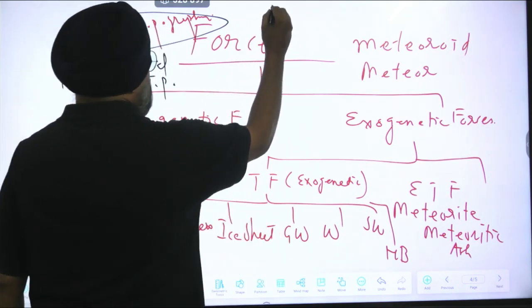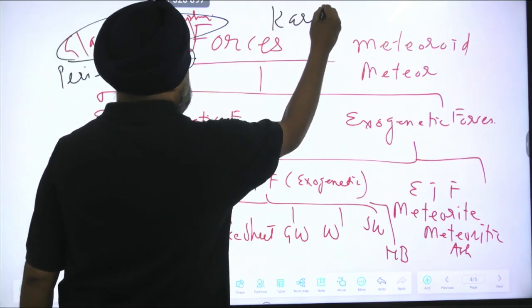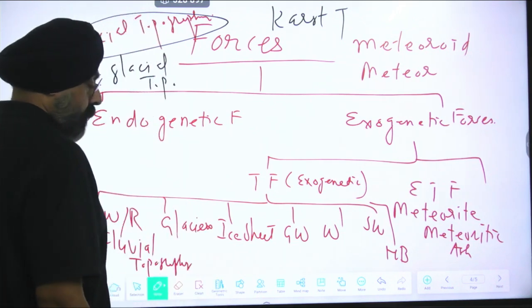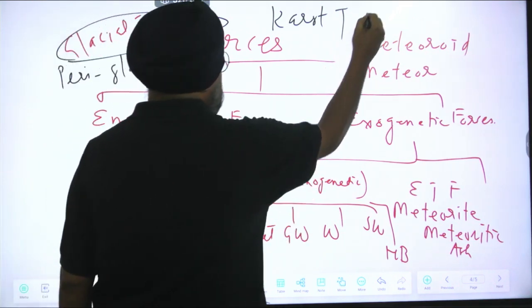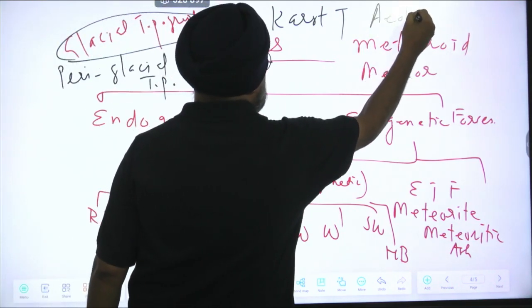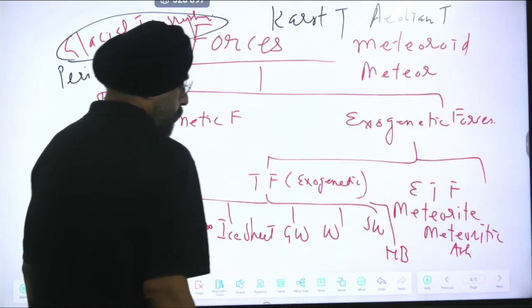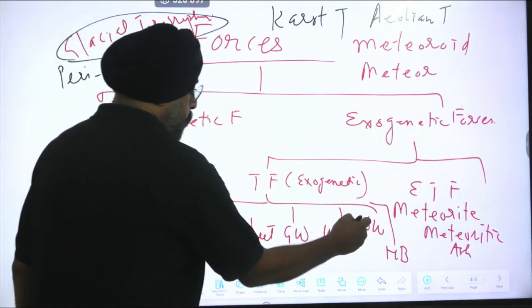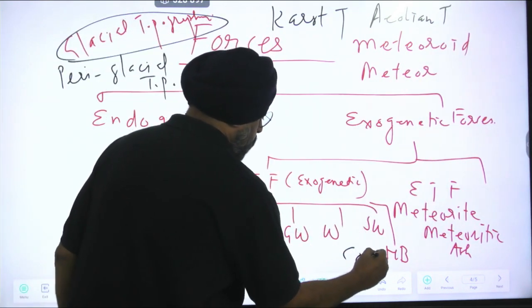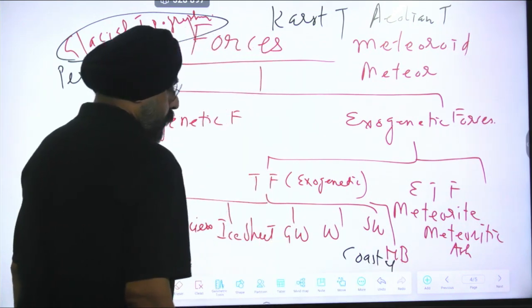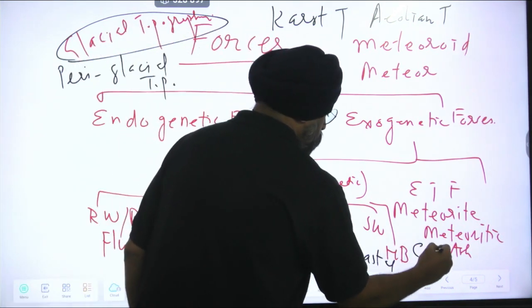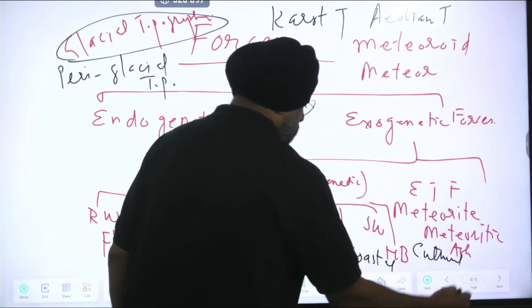Groundwater produces karst topography. Winds produce aeolian topography. Sea waters produce coastal topography. And human beings produce cultural topography.